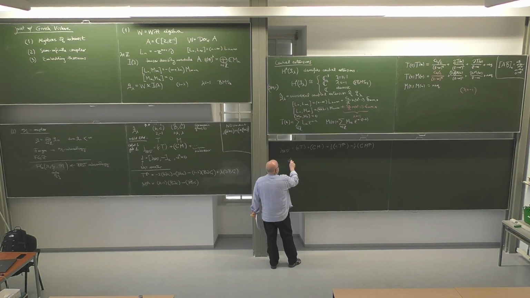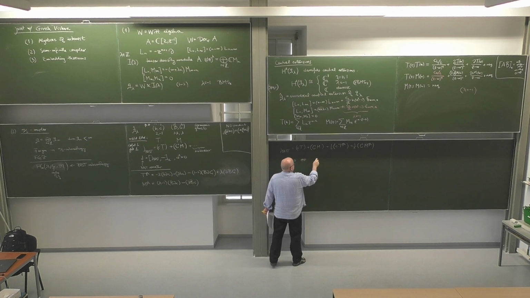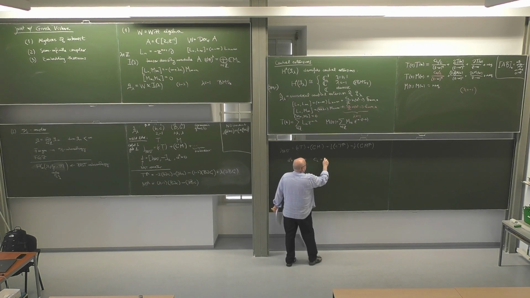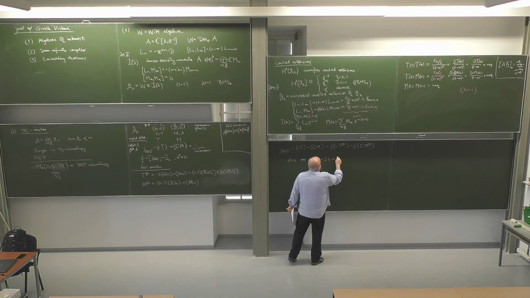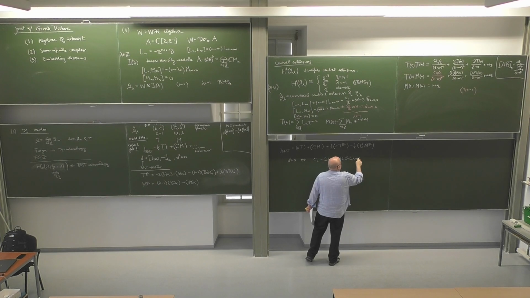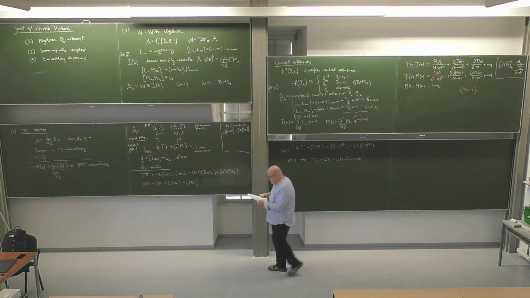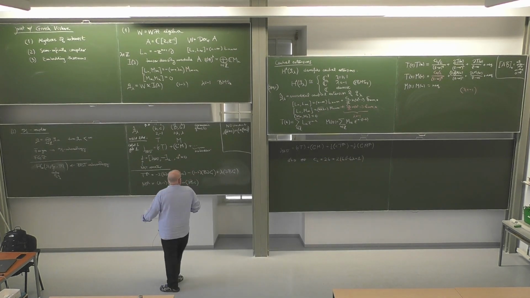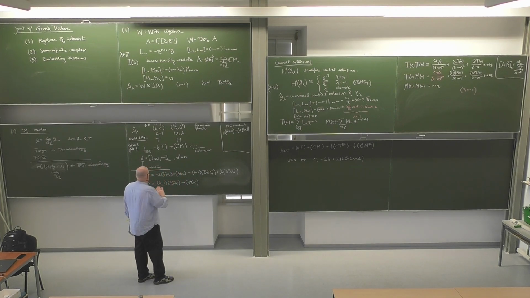And d squares to 0 if and only if the central charge is equal to 26 plus twice 6 lambda squared minus 6 lambda plus 1. Okay, that's for generic G hat lambda.